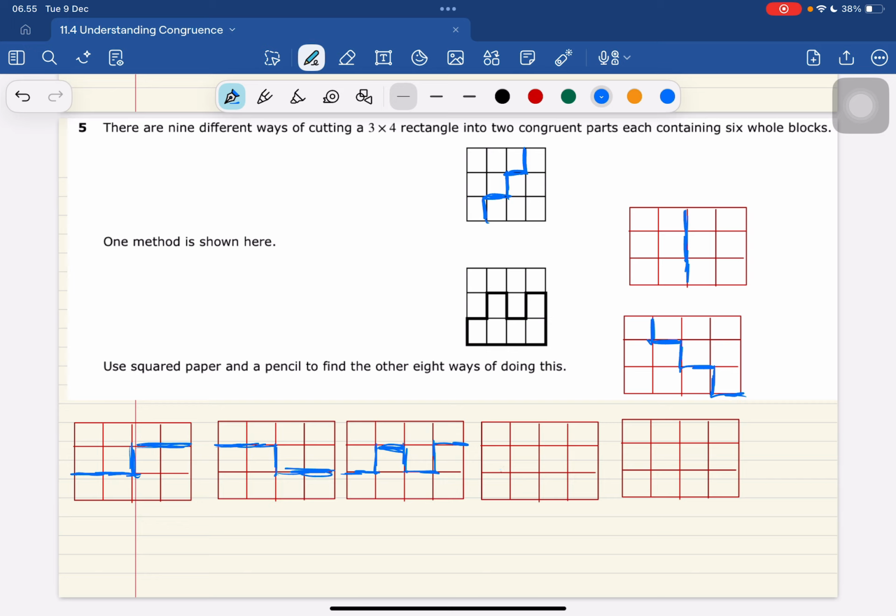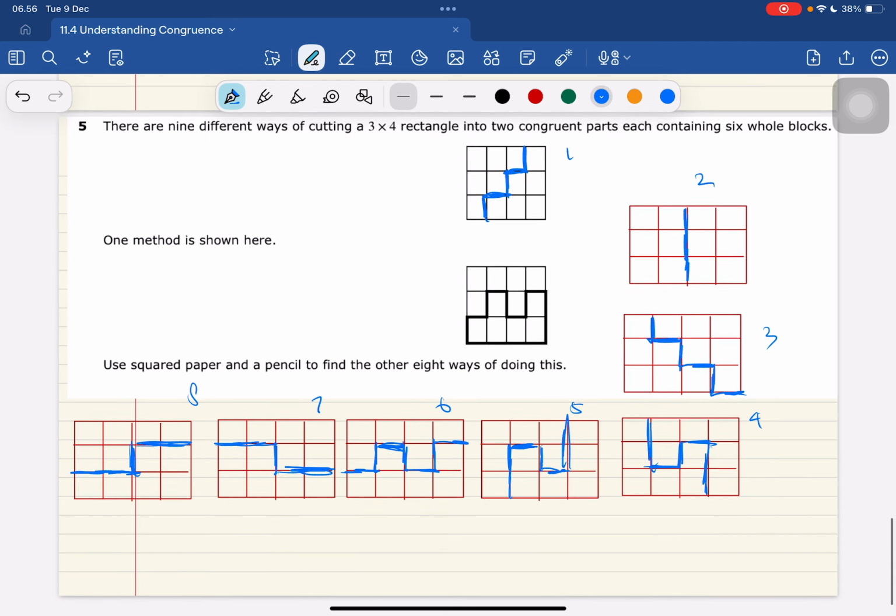And we can make it also like this. And let us make it in reverse. So there it is. 1, 2, 3, 4, 5, 6, 7, and 8. Okay, thank you.